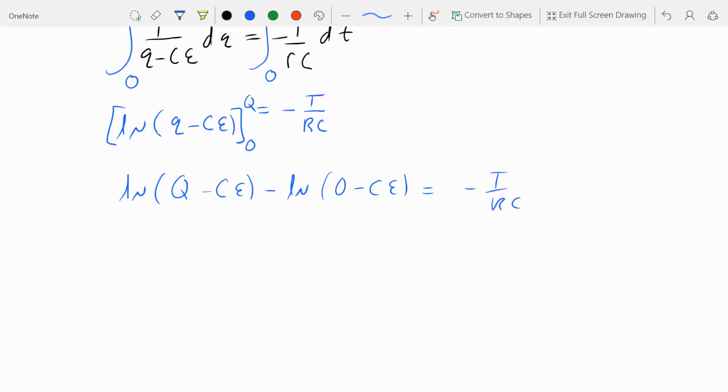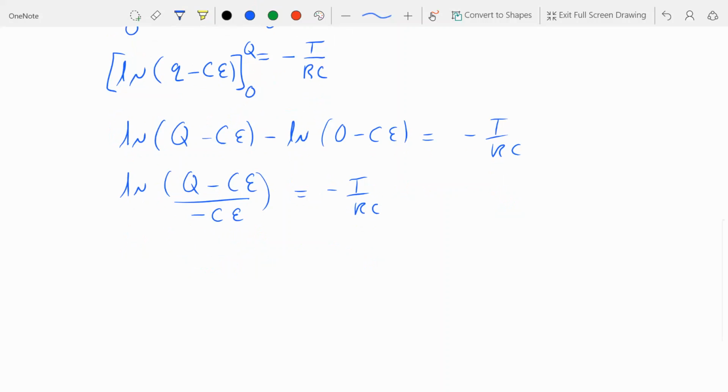You may remember your log rule. Subtracting is the same as the ln of (Q minus CE) over (minus CE) equals negative t over RC.